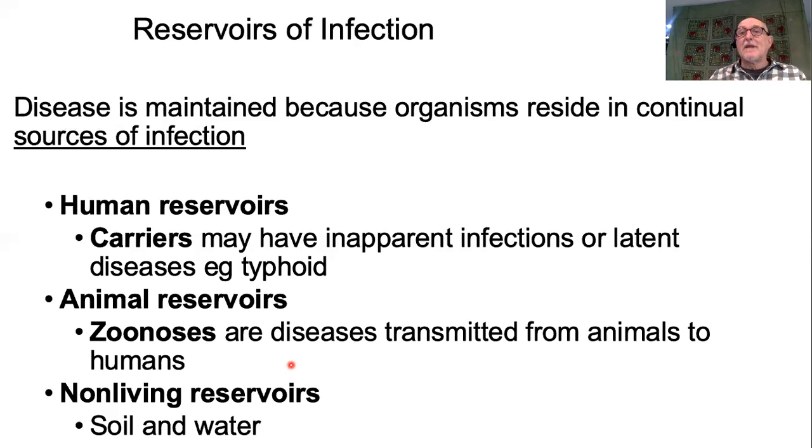But notice, if there is no animal reservoir, then for a disease to be maintained, there has to be a human reservoir or some other reservoir of the disease. And this is why, for example, we can look to the elimination of diseases. The really good example is smallpox.